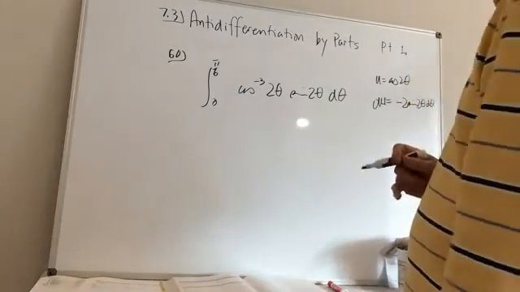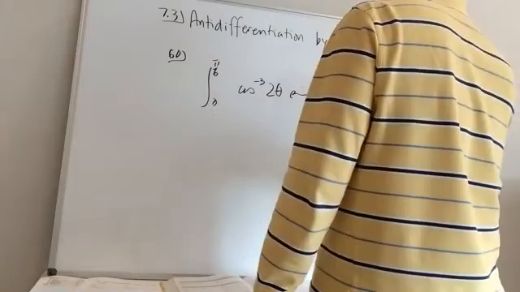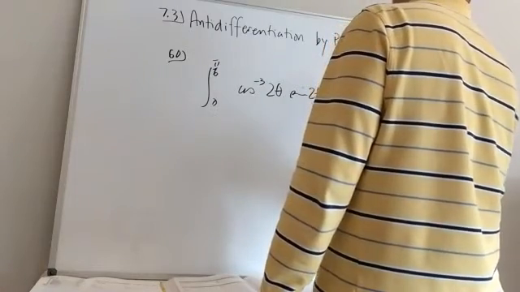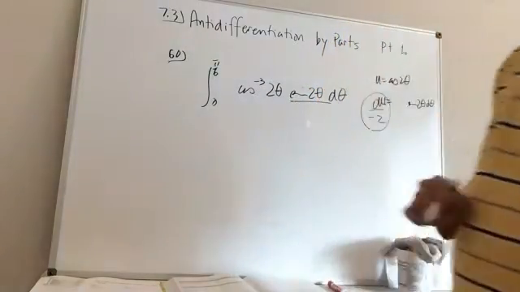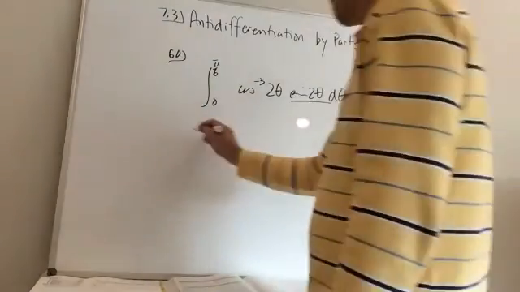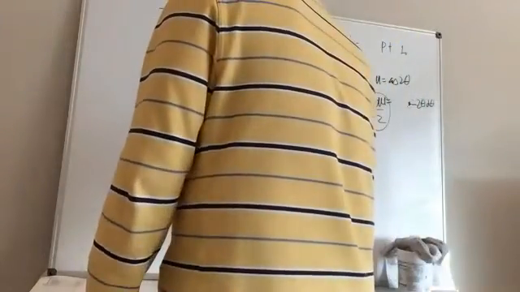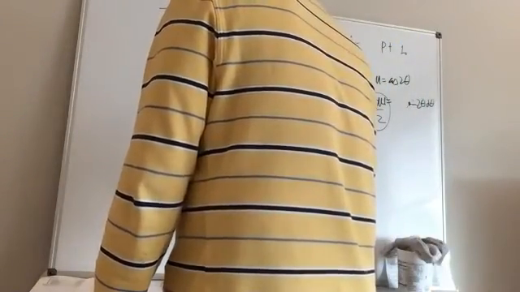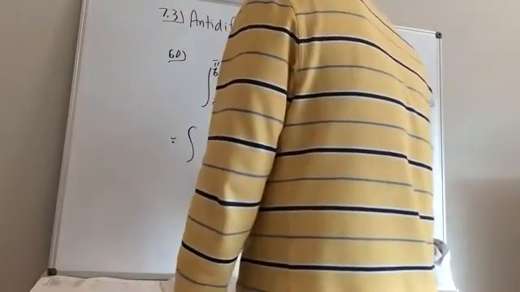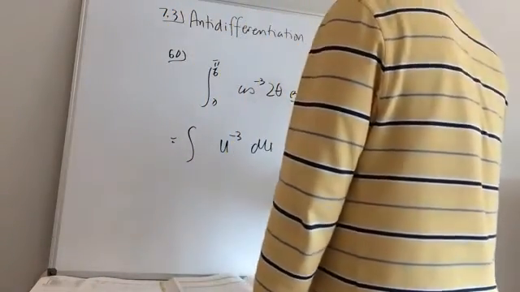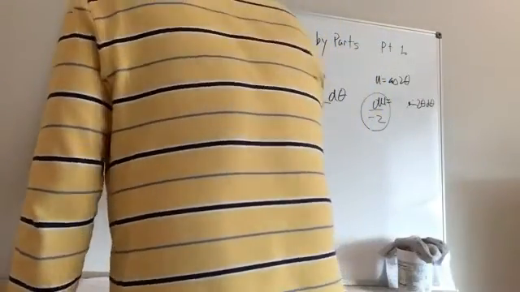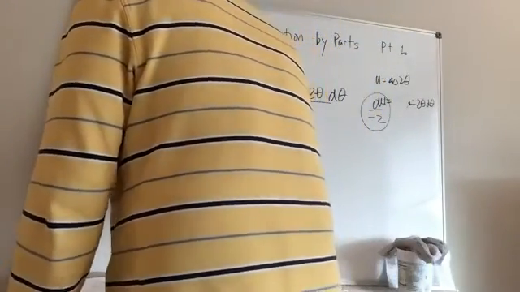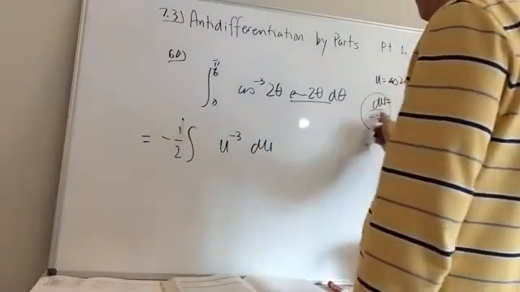We're good? So you're going to divide this by -2, right? So this guy here now becomes this, right? So you're going to go u to the -3 du. And then you're going to have a -1/2 here in front, right? The -2 right here.